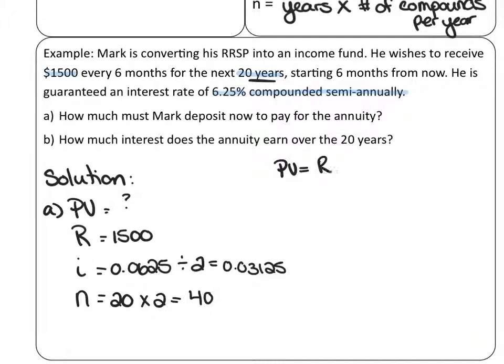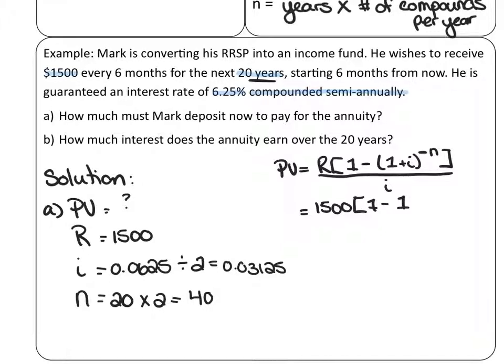PV equals R times 1 minus 1 plus I to the negative n. Don't forget that negative on the exponent, divided by I. So I'll substitute all the values in: 1500 times 1 minus 1 plus 0.03125 to the negative 40, all divided by 0.03125.